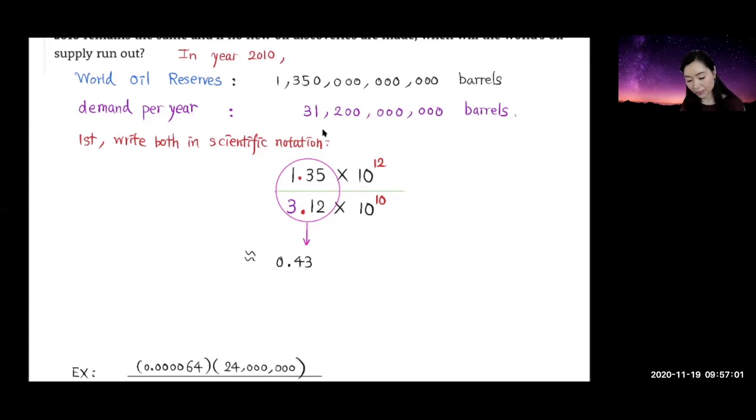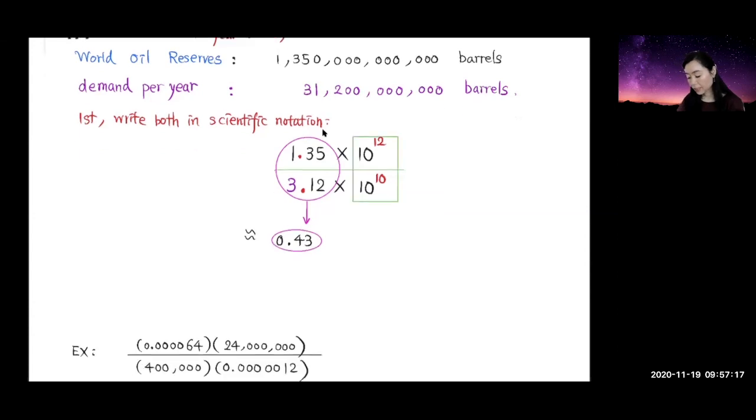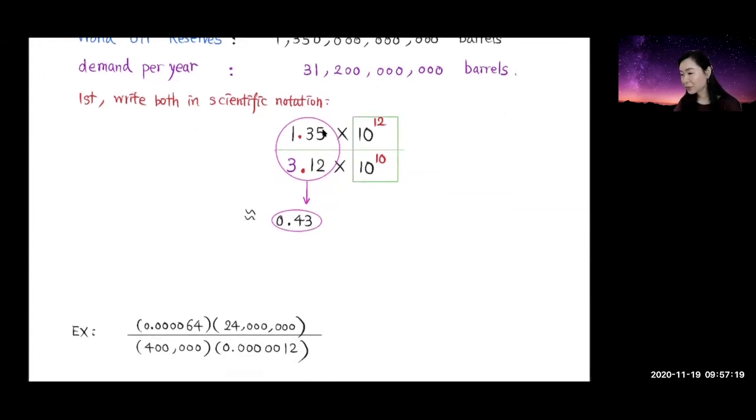So we got this. Now this part over here: 10 to the 12th power divided by 10 to the 10th power.